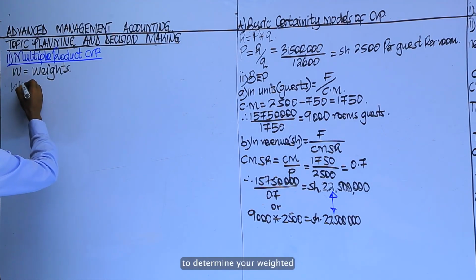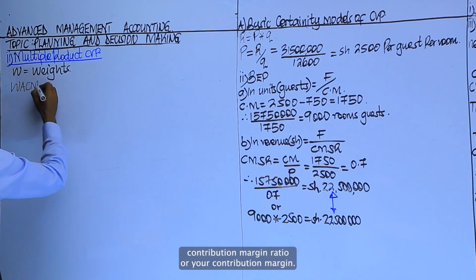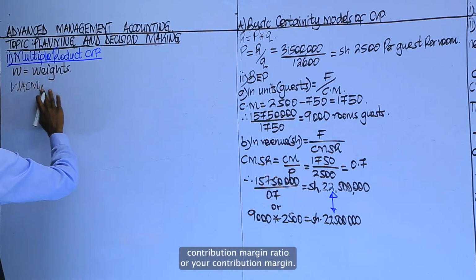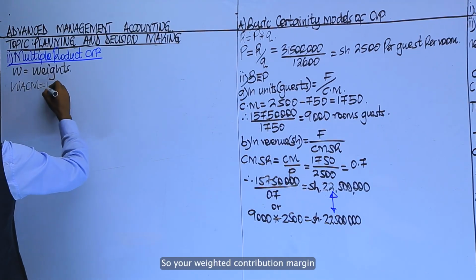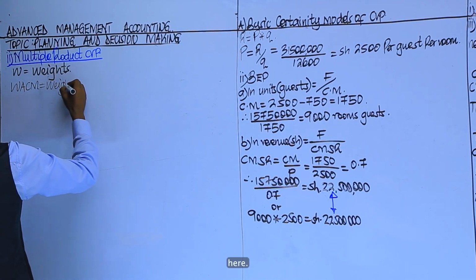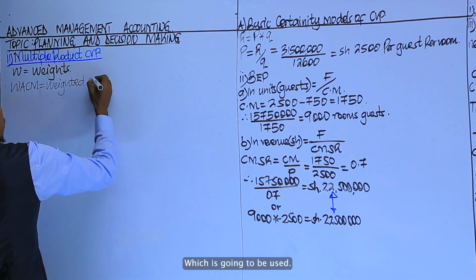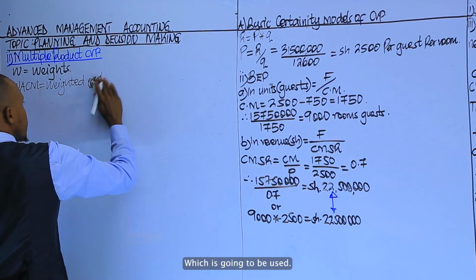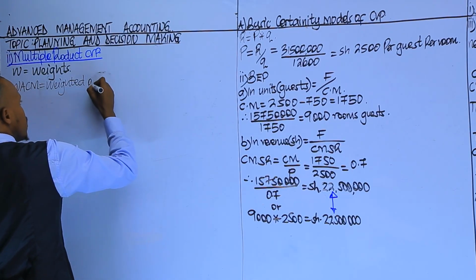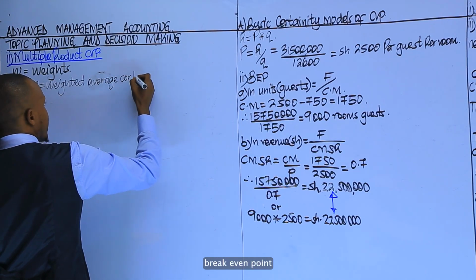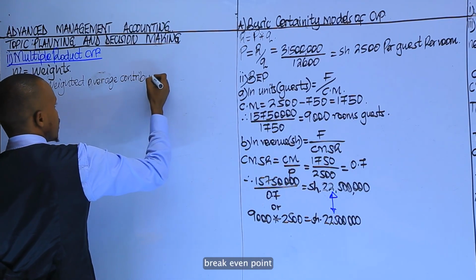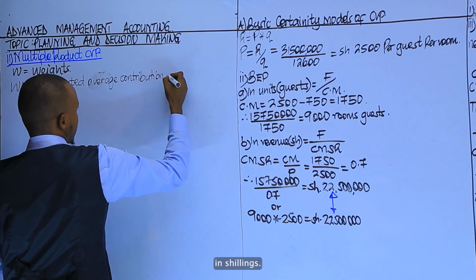For example, to determine your weighted contribution margin, which is going to be used to determine break-even point in shillings.